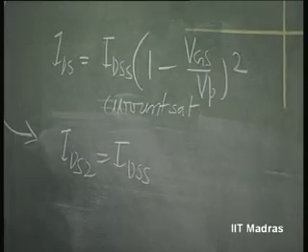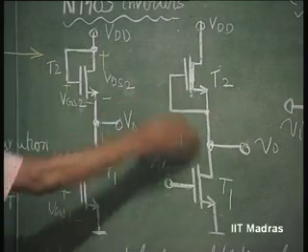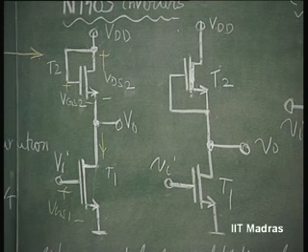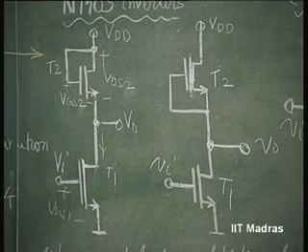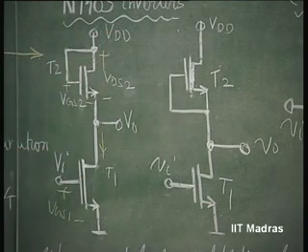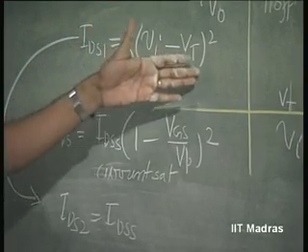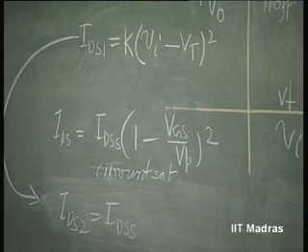This current is going to remain constant at IDSS, and this current is going to be equal to IDS1 equal to K times Vi minus Vt squared.